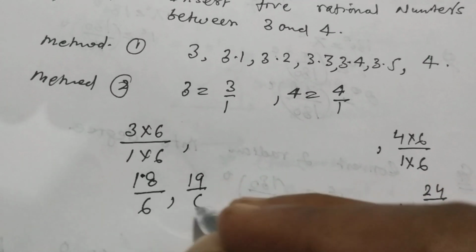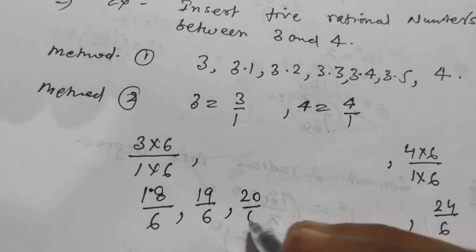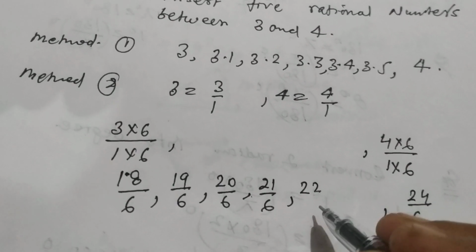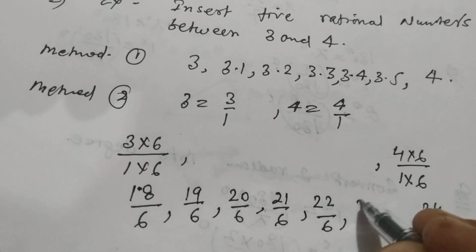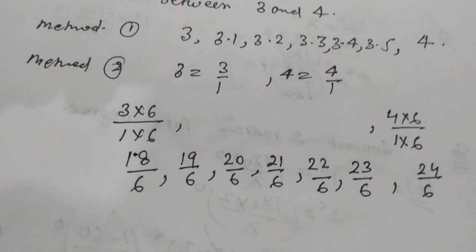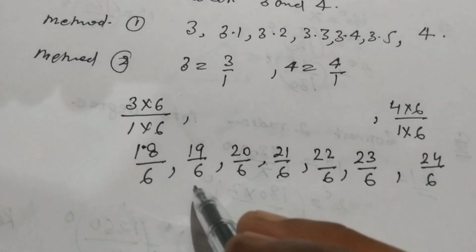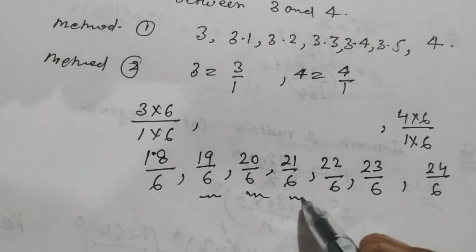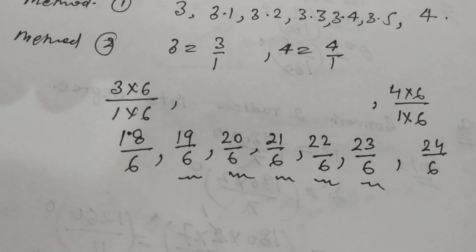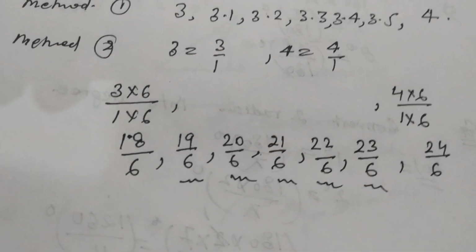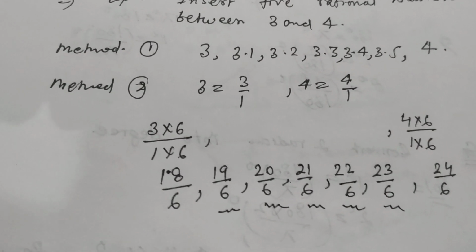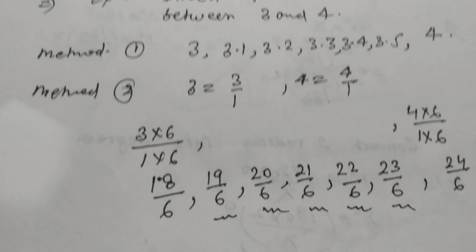That is 19 upon 6, 20 upon 6, 21 upon 6, 22 upon 6 and 23 upon 6. Next the 24 upon 6. So these are the 5 rational numbers, which are written in the form of P upon Q, where Q is not equal to 0. So these are the two methods to insert rational numbers between two numbers.